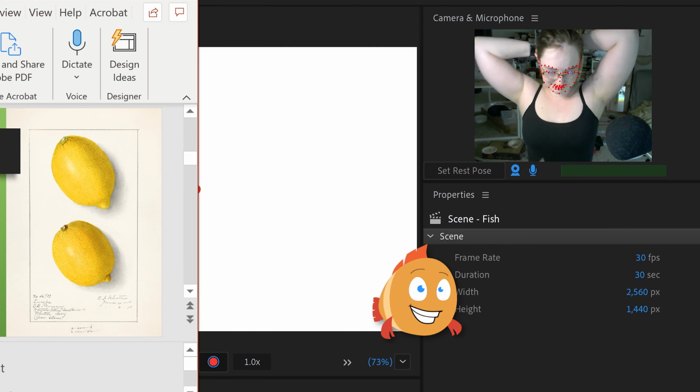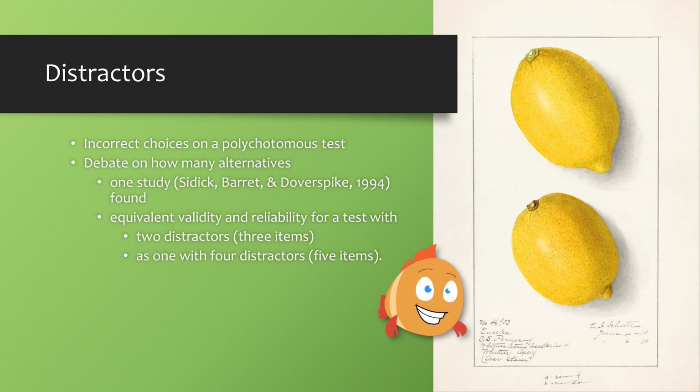Here's why I struggle with distractors. Good distractors are plausible. If you only have partial knowledge, the equivalent of having half credit on an essay or something like that, then you would be more likely to select those distractors.